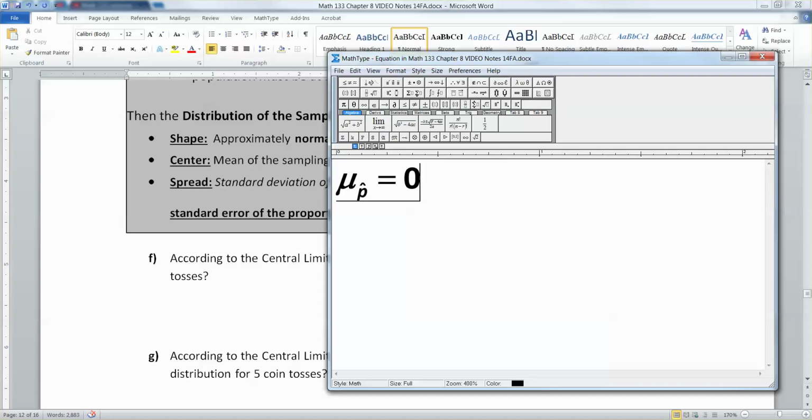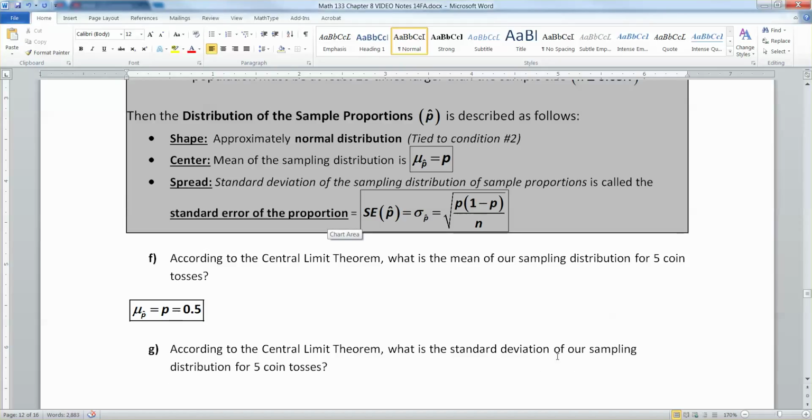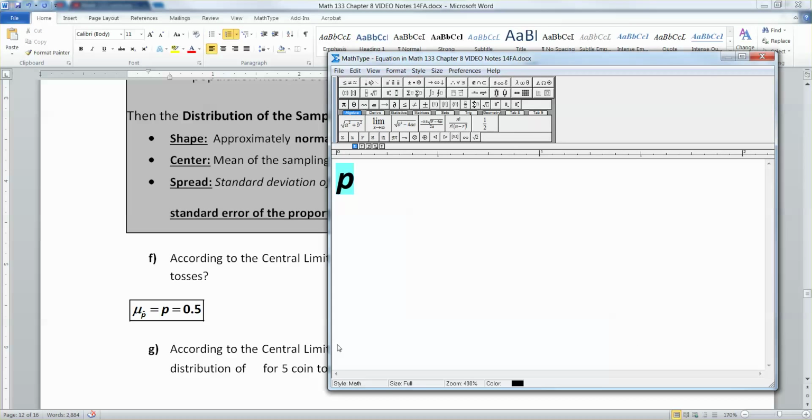That was p, which is 0.5. All right, that's fine. Now what about the standard error? What's the spread? The standard deviation of the sampling distribution of p hat, I should say.